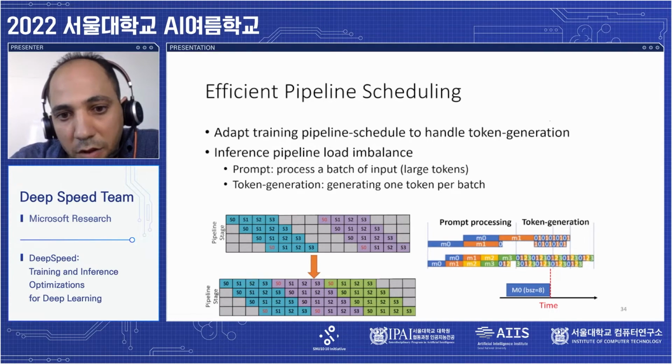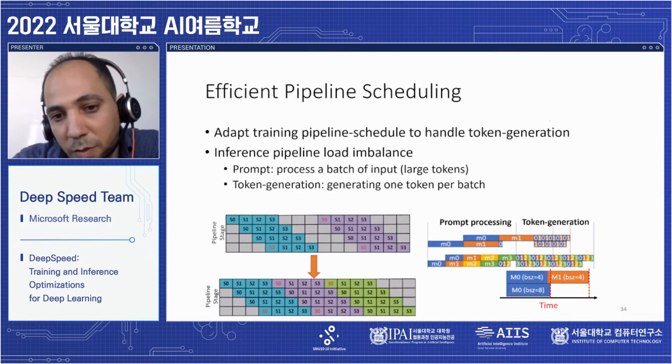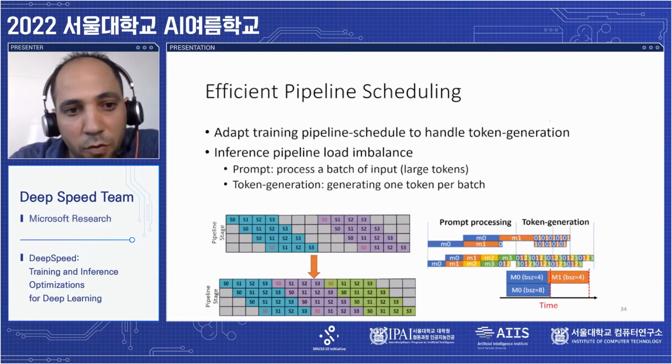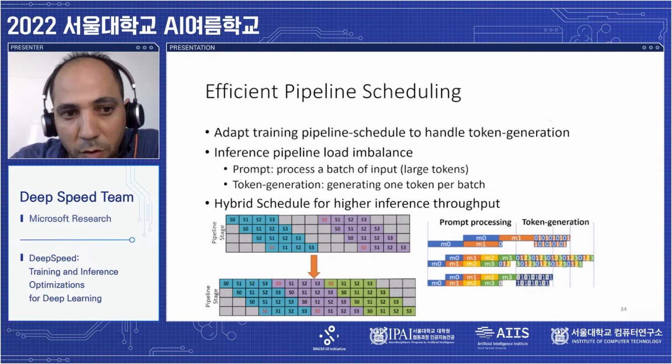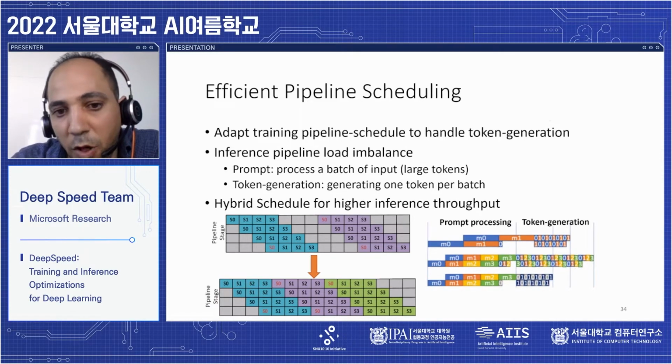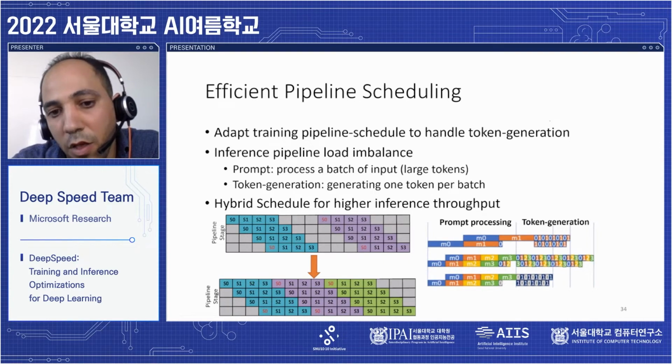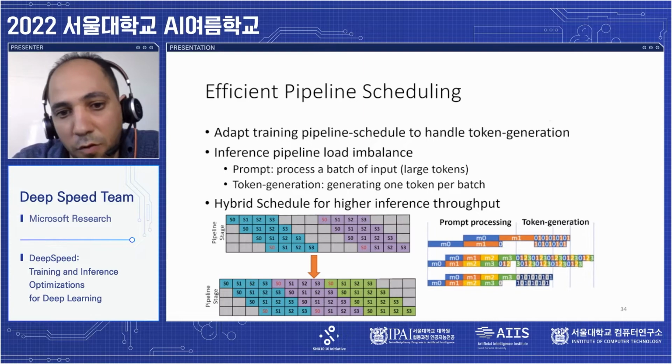If we reduce the batch size to 4, we don't halve the latency, because of reading the model parameters twice. So to resolve that issue, we came up with a hybrid schedule that has a smaller batch size during the prompt part, and for the token generation, we fuse the batches together in order to get better throughput on the token generation, and also remove the bubbles during the prompt part.